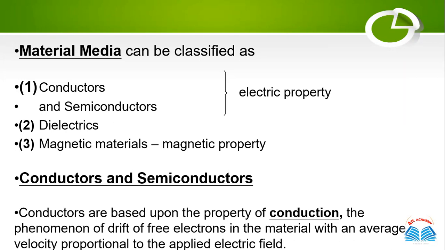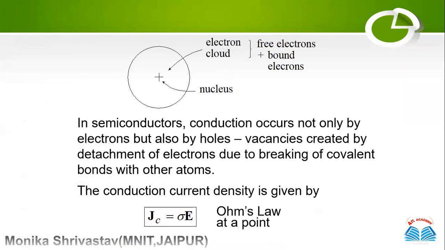So in conductors, there is always an average velocity of the charges in response to the applied electric field. And what about semiconductors? Semiconductors are those which are neither insulators nor conductors, but have properties in between.